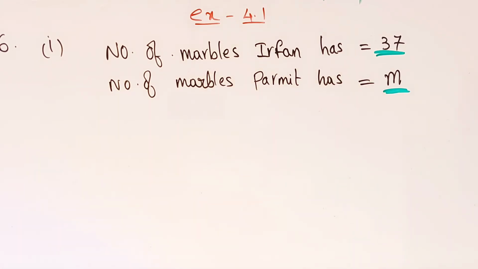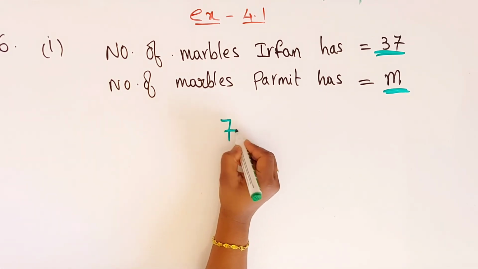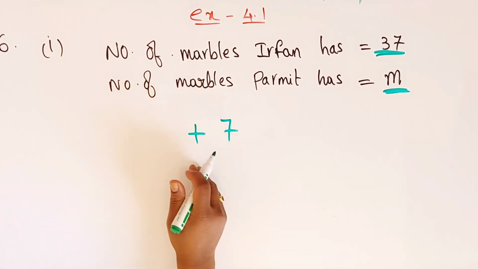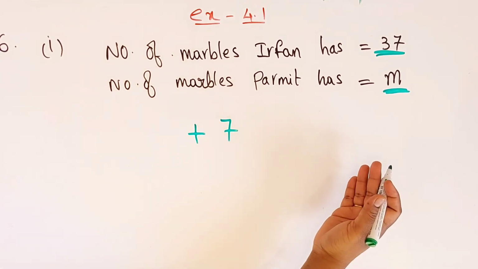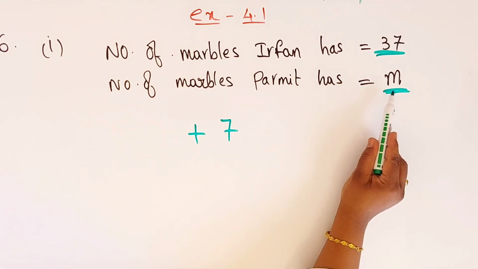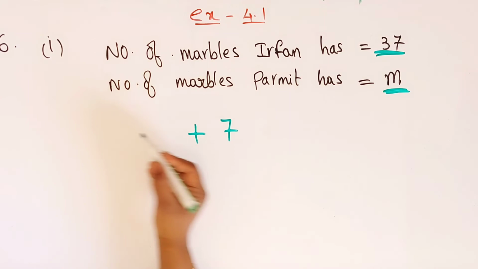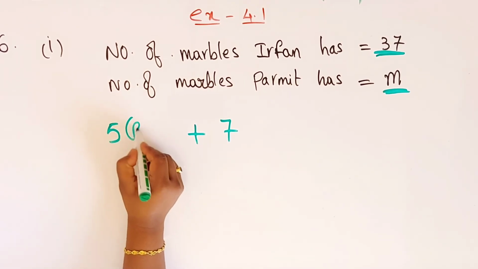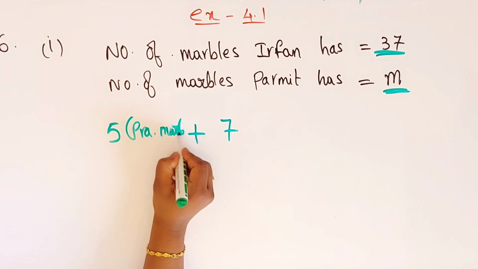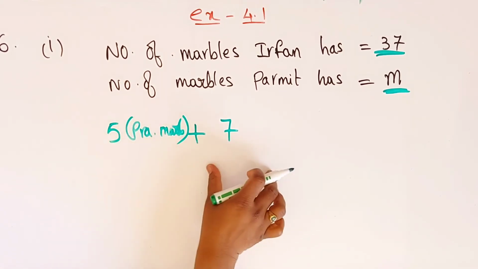Right children? Here what they are saying the statement, Irfan says that he has 7 marbles more. More means plus. More than 5 times Pramit has. How many marbles Pramit has? M. 5 times Pramit has means 5 times of Pramit marbles. Right children? Plus 7.